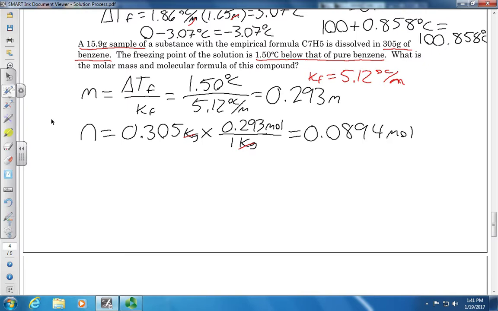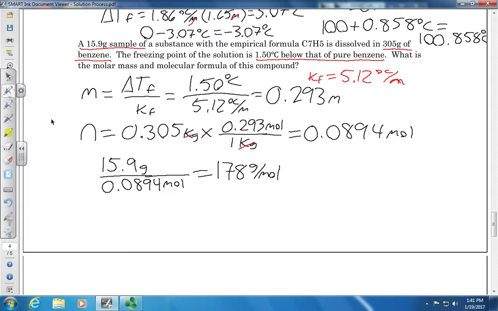Looking at that as a unit definition, we can then solve for the molar mass of this particular substance, which would be 15.9 grams divided by 0.0894 moles. When you do that out, you find that the molar mass is going to be 178 grams per mole.